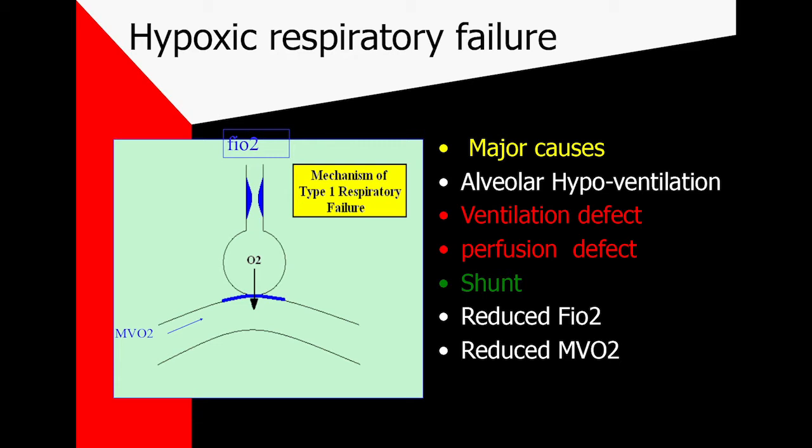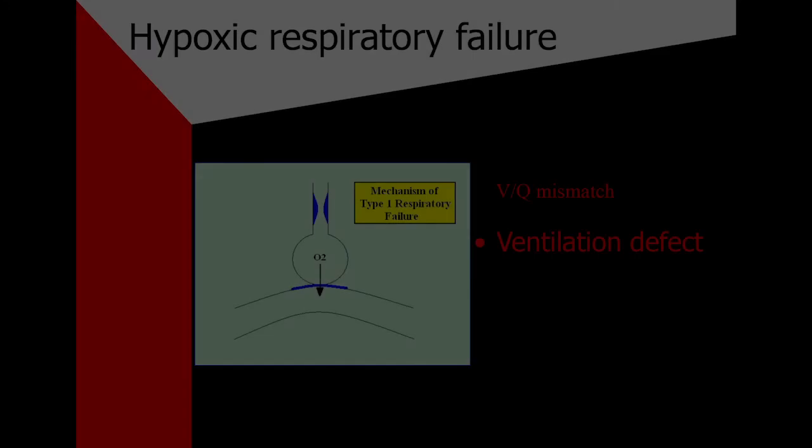I think the terminology is a bit difficult to understand. And then the other cause of respiratory failure is the perfusion defect, what we call shunt. And then the other rare causes are reduced FiO2 and reduced mixed venous oxygen. That's the whole thing.